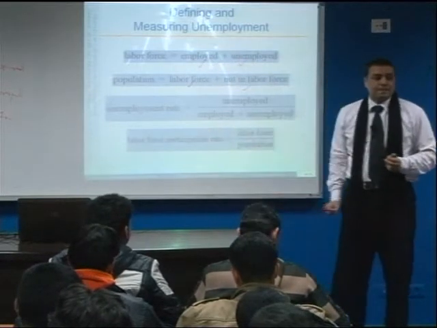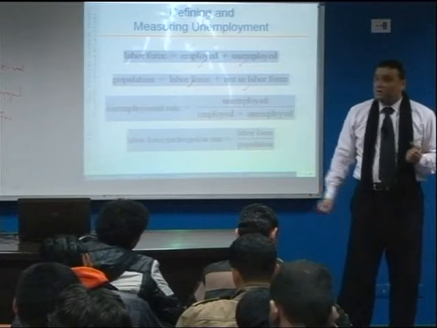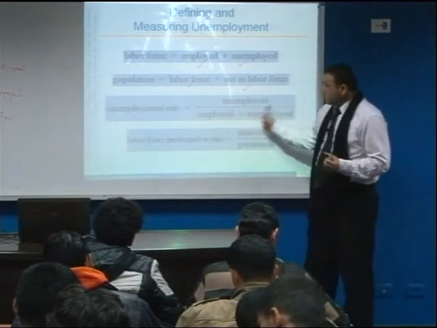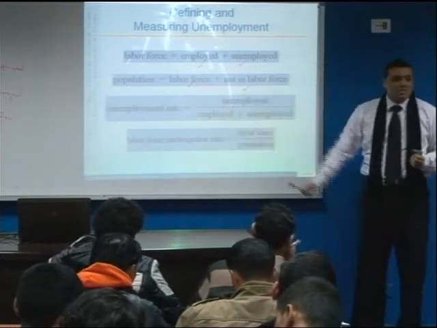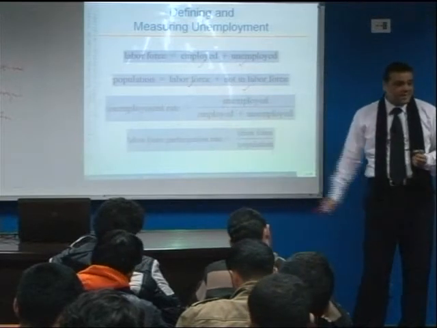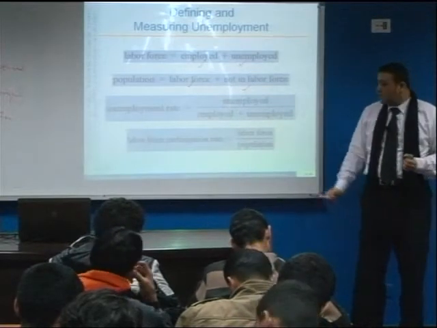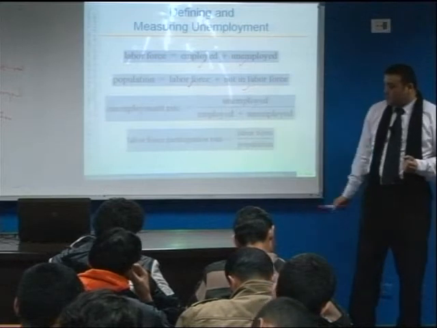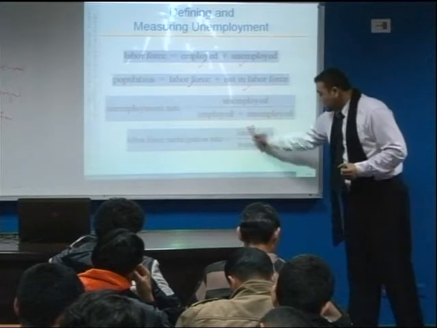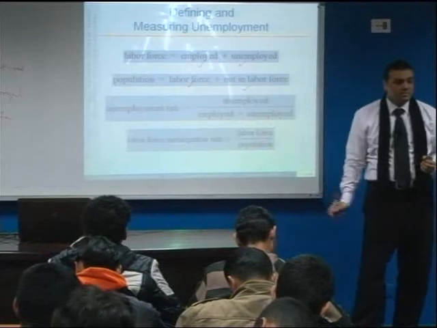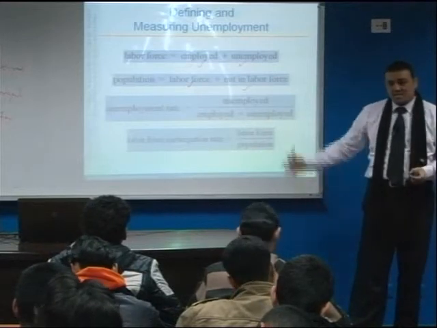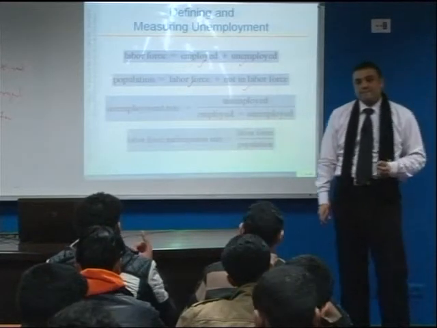Unemployment rate equals what? The unemployed over the labor force, which is employed plus unemployed, right? Then the labor force participation rate equals the labor force over the population. Let's take exercises on these formulas. Okay?